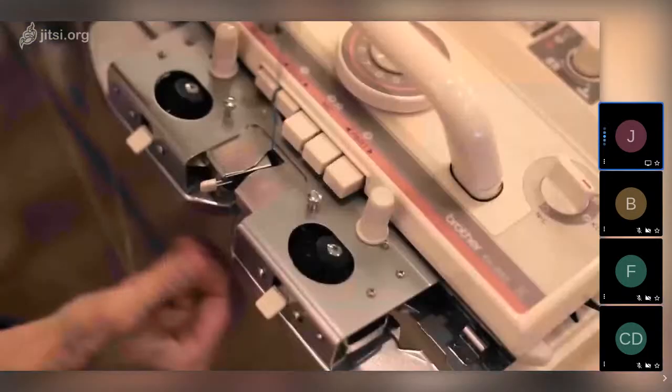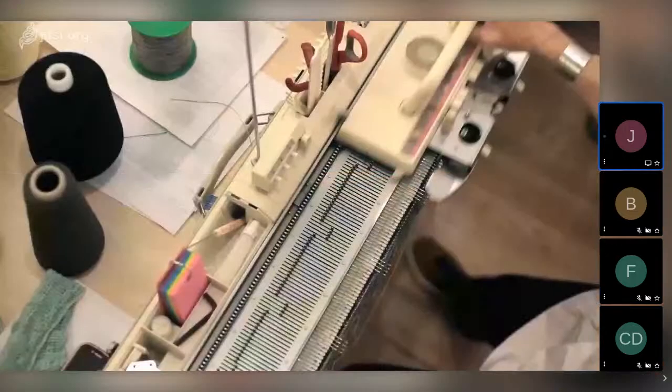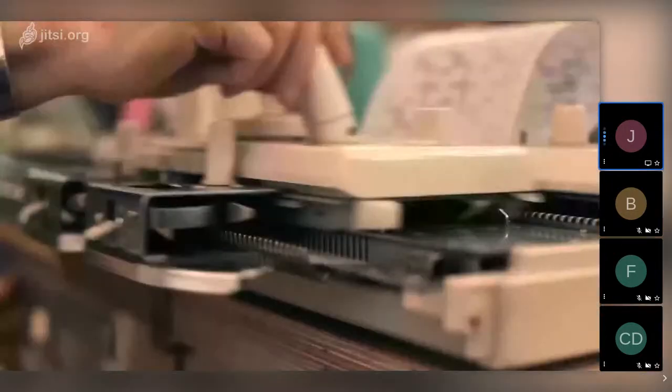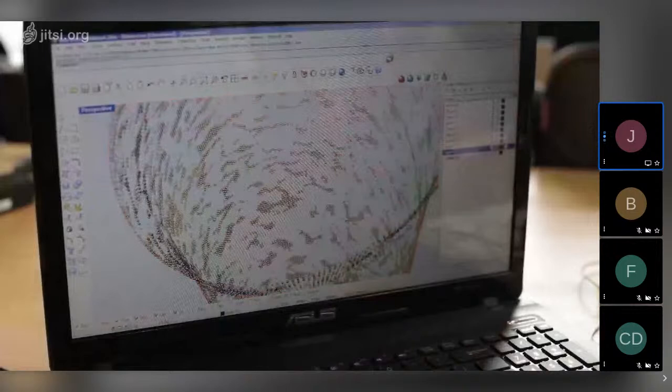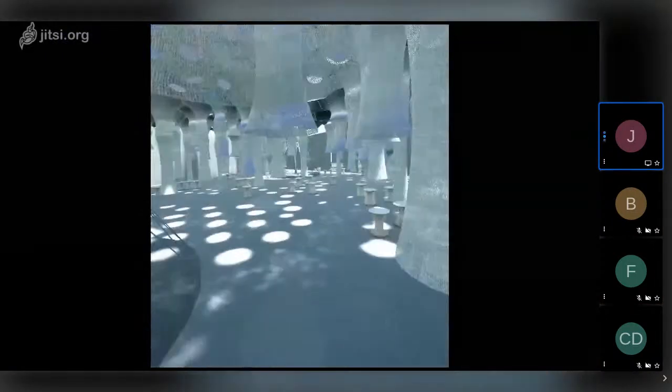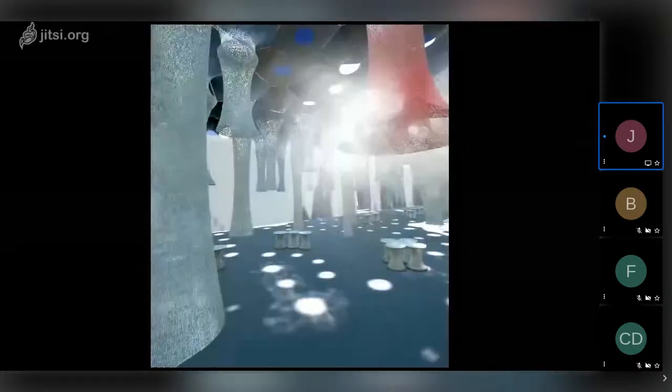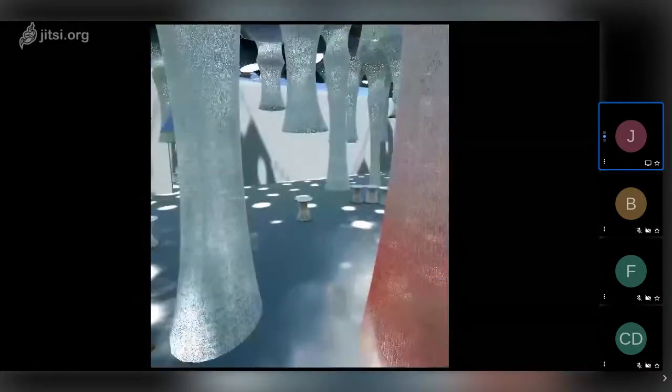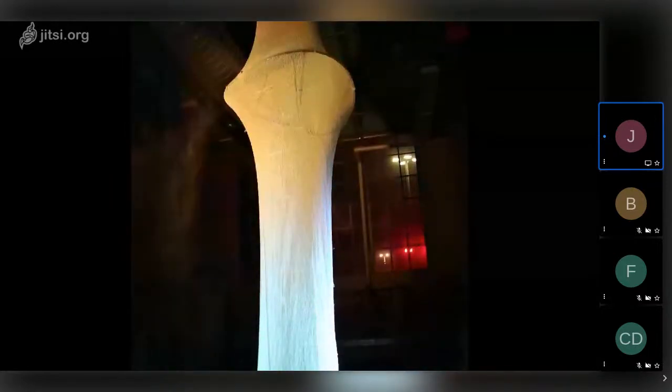And I was very interested in exploring how the project could operate as an environment over, as an object. And so we developed a full VR model where the jury was able to put on the goggles and really experience the aspects of transformation of the project.